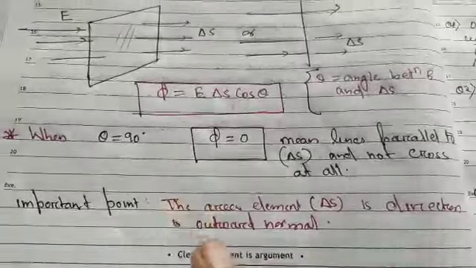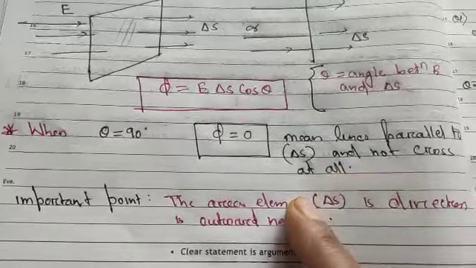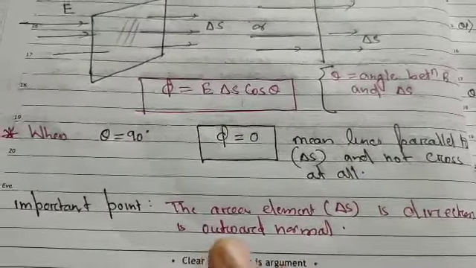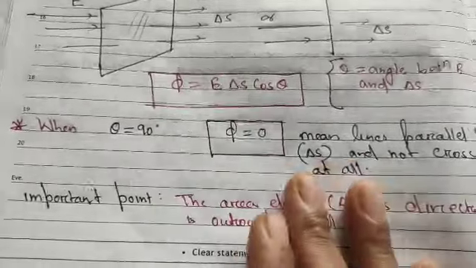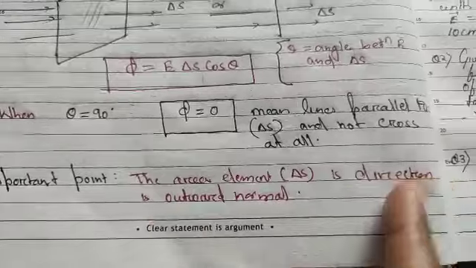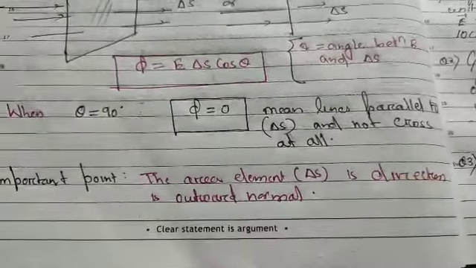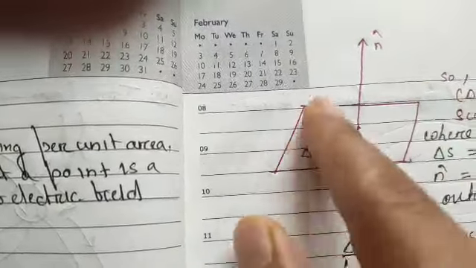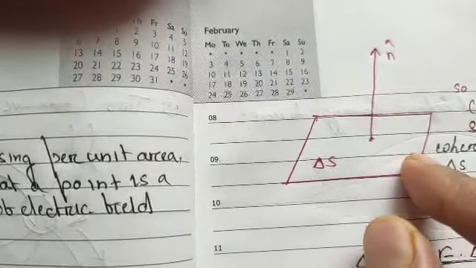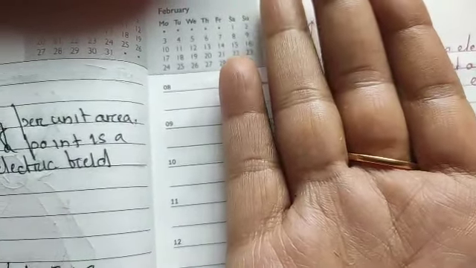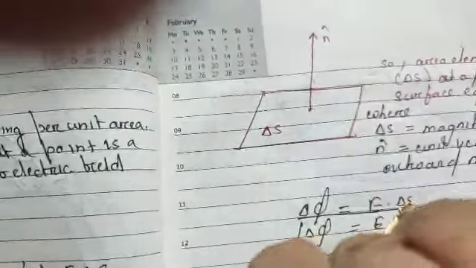One important point for you: the area delta S, as flux is a vector quantity, students, you have to find out the direction also. So the area element's direction is always the outward normal. How can you understand it? See here, suppose this is a plate; my palm is a plate. How will you get the direction? You just fold your fingers like this.